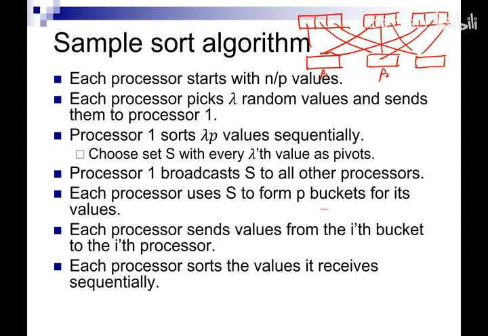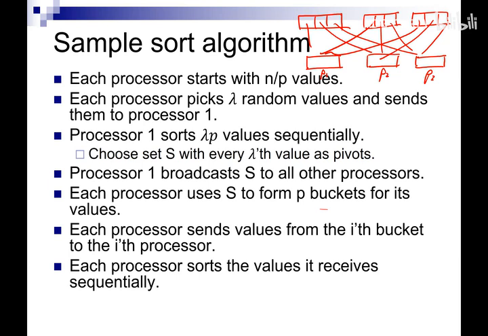And what we know, since all of these buckets were formed by these same pivots, by these lambda values, then using the previous theorem that we had, all of these buckets that P1, P2, and P3 end up forming are at most size 4 times n divided by p with high probability. Now we just have each processor sort its own bucket locally, and then we're done.